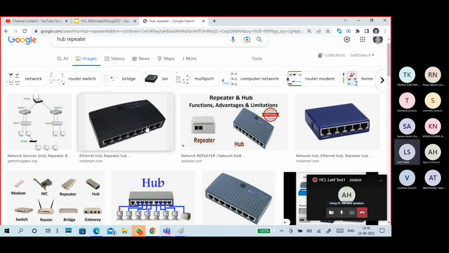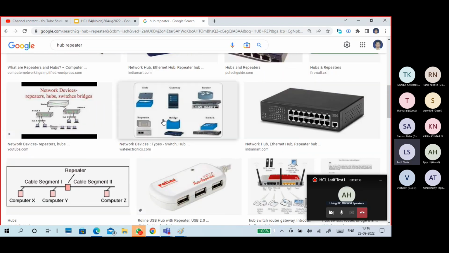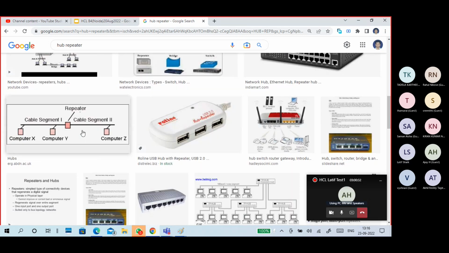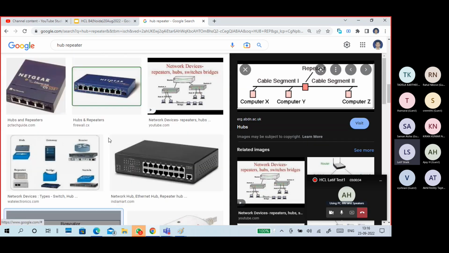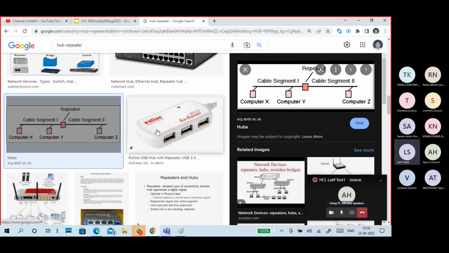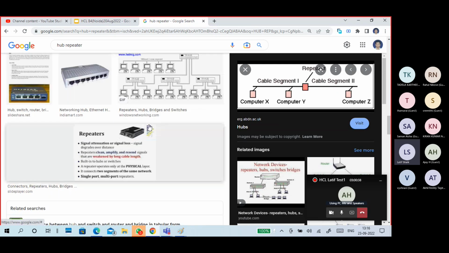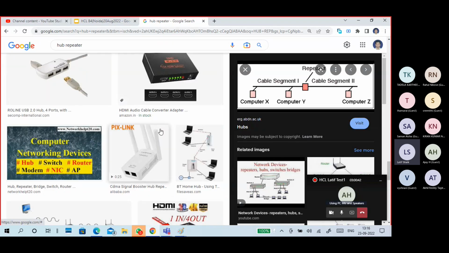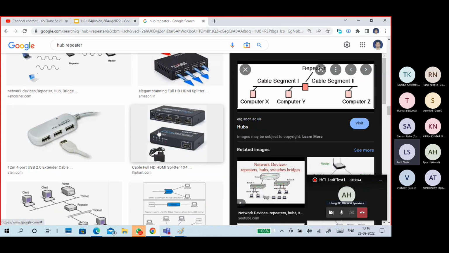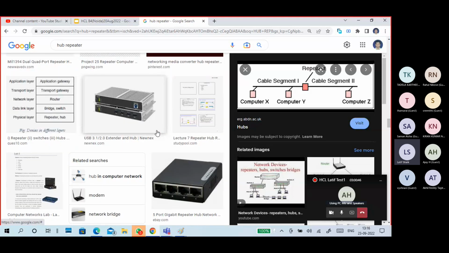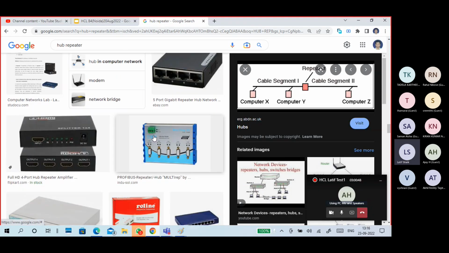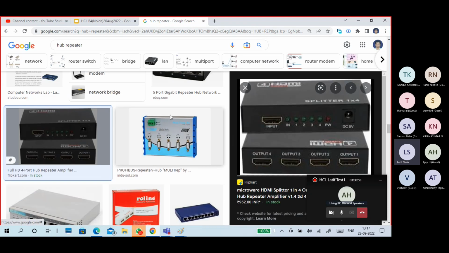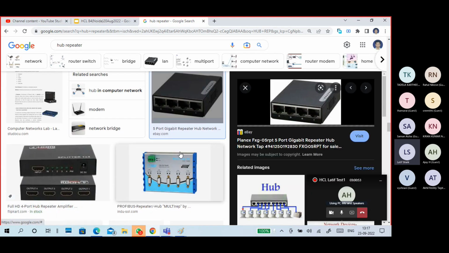So what are these repeaters? When you are sending a signal for a certain distance, the signal strength will be reduced after a certain distance, like 100 meters, which is the maximum cable length. So you have to send the signal further, so we use repeaters.